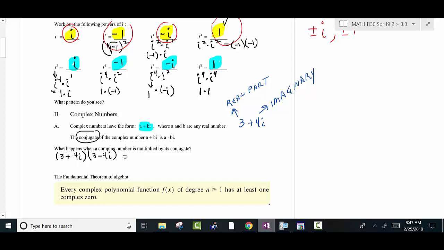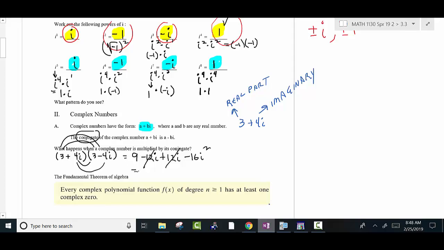So if you did this, first term would be 3 times 3, which is 9. Outside term would be negative 12i. Inside term would be plus 12i. And then the last term would be minus 16i squared. Okay, so that's what happens. And what will happen when you multiply by a conjugate is those middle terms will cross out.